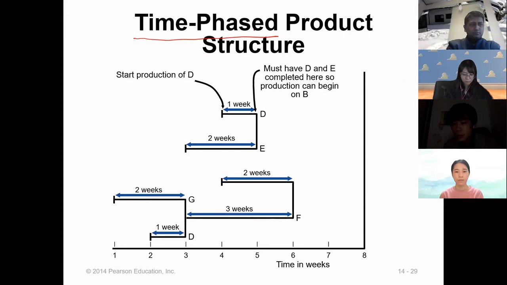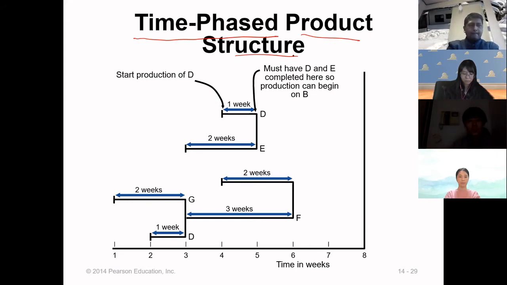Time phase means you can work backwards to find out when to start production, or when the order needs to be sent out before it arrives. Okay, so this is a time-phased product structure. So all the components, for example, just now we say we have this, again referring to the awesome product structure.